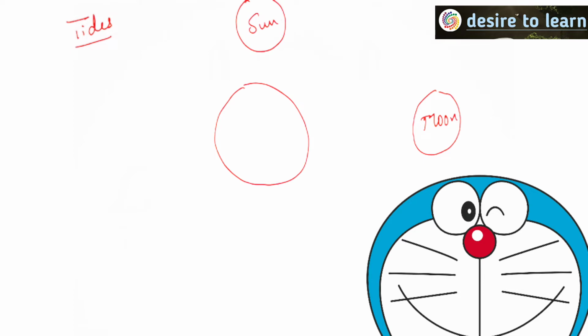So, based upon the position of the sun and moon, we usually see the water moving. For example, the moon is closer to the earth when compared to the sun, because of which the gravitational pull of the moon is more when compared to the gravitational pull of the sun.